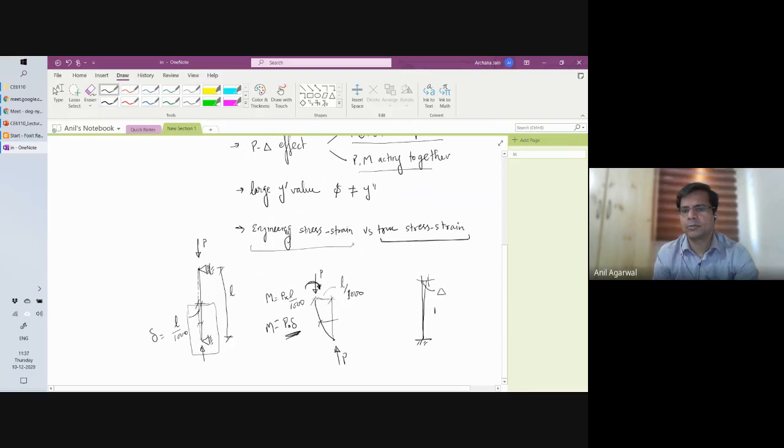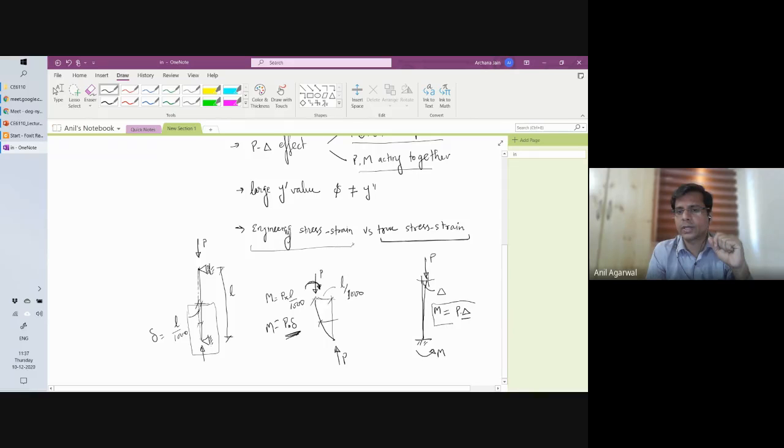And because of that, there will be a moment acting here. So if I apply a P load here on the imperfect column, that imperfection will introduce a moment demand here. That moment has to be resisted, so it will be equal to P times delta. Agreed? So it is known as the P delta effect.